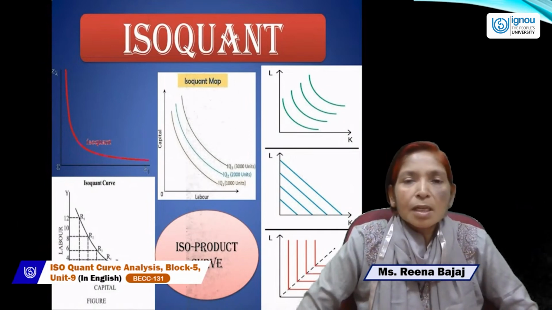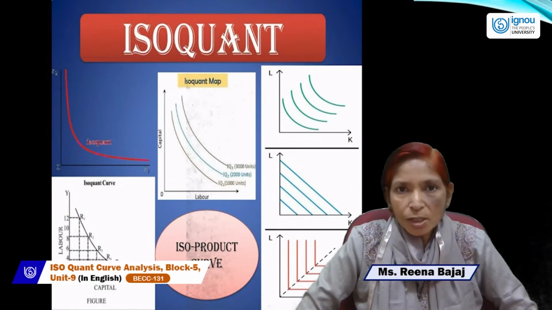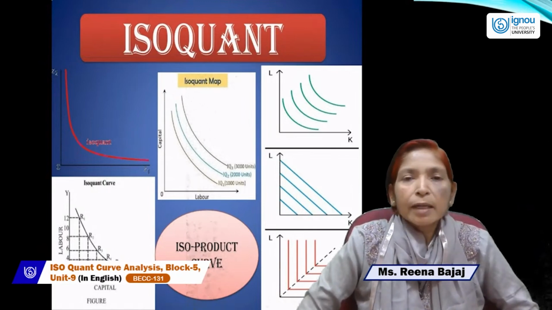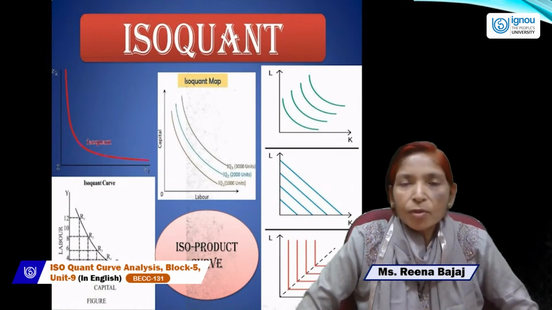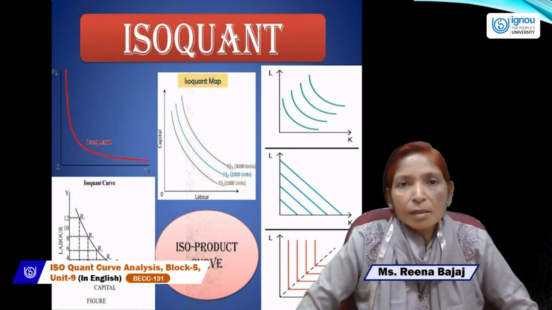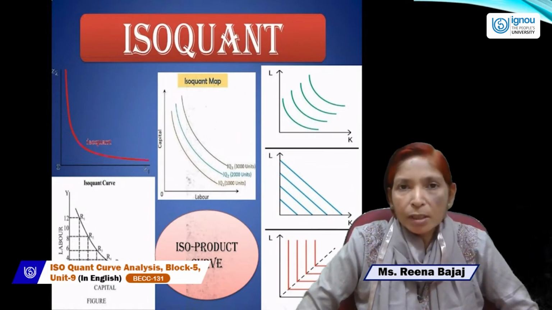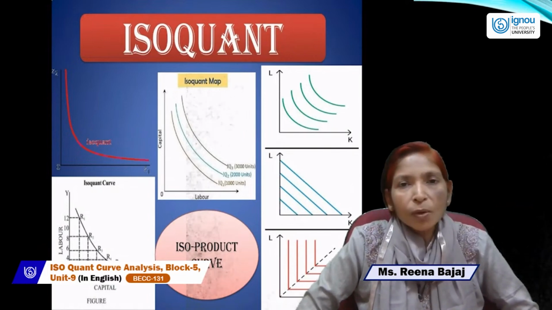Iso-quant curve is a graphical presentation of different combinations of two factors of production, and if we use labor and capital, two inputs for the production of goods and services, and if these inputs give us the same level of output or same level of production at any combination, this is known as the iso-quant curve.